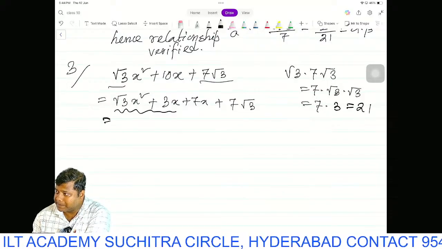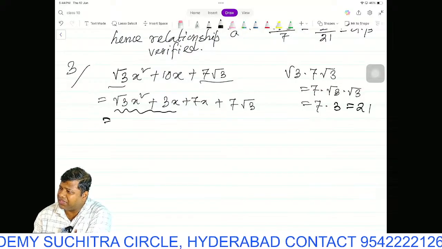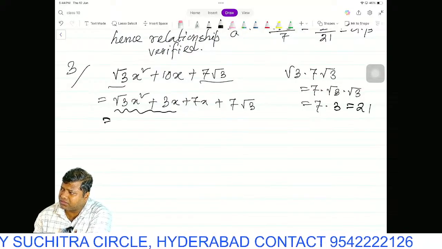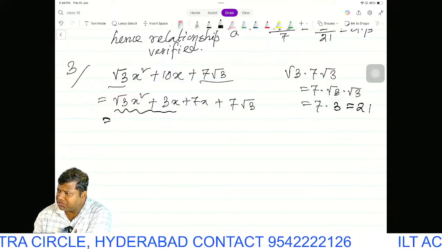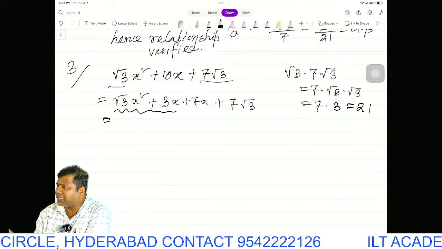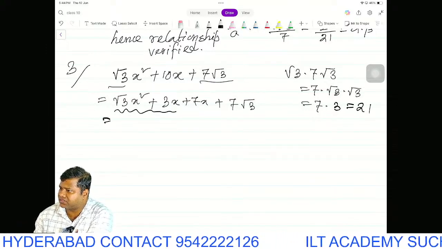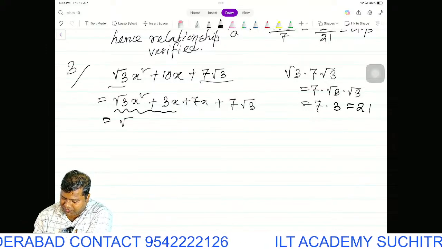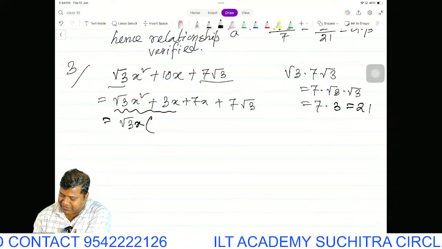Root 3 plus x? 3x, 3 is written as root 3 into root 3. Is 3 common in both the two terms? No. Root 3 is common. X is common. So root 3x we can take as common. Not root 3 plus x. Root 3x. So if it is root 3x we are taking as common, what will be left?